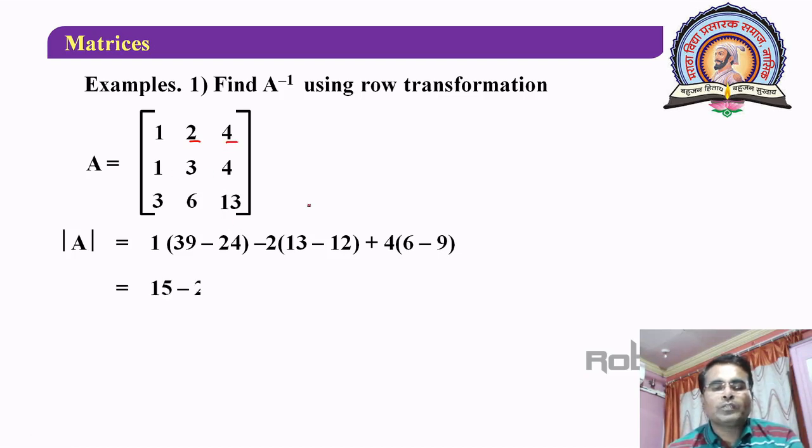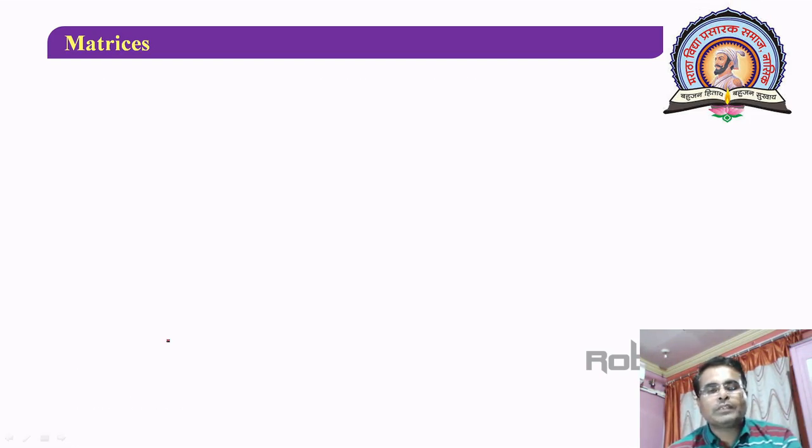So you get 15, then minus 2 as it is, and 4 into minus 3, that is minus 12. You will observe that the determinant is 1, which is not equal to 0. Therefore A inverse exists, and you will get the inverse by using row transformation in this way.